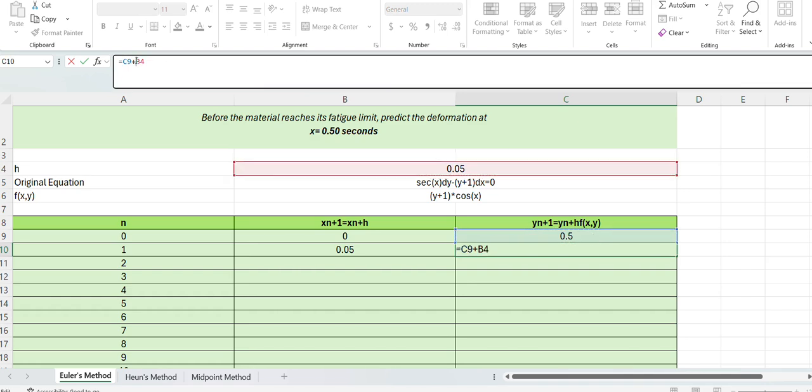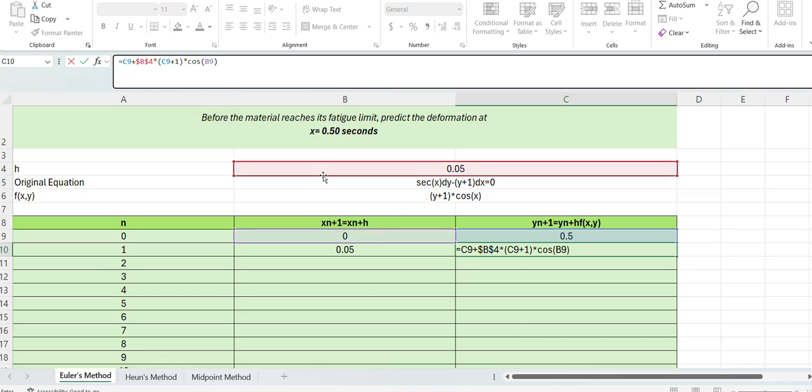And don't forget to put a dollar sign in the formula, and we will multiply it by the function of x and y, which is (y plus 1) of the current y, 0.05 plus 1, multiplied by cosine of x, which is 0.